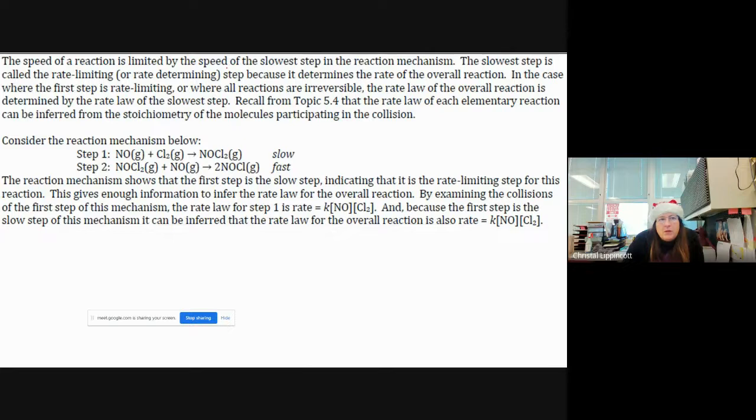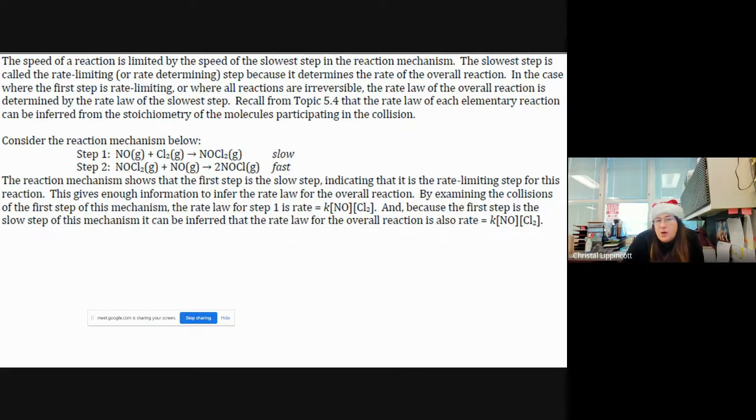The speed of a reaction is limited by the speed of the slowest step of the reaction. We talked about that. The slowest step then is the rate limiting step. In each case, the first step is rate limiting, or where all reactions are reversible, the rate law of the overall reaction is determined by the rate law of the slowest step.